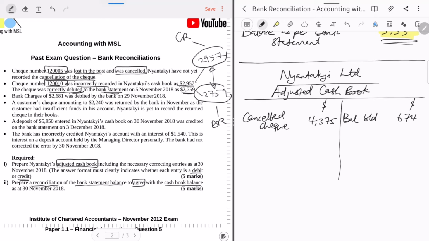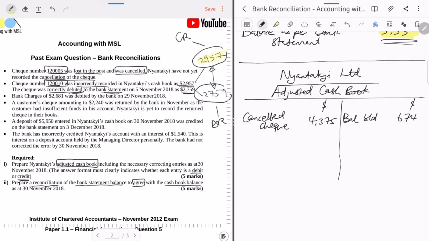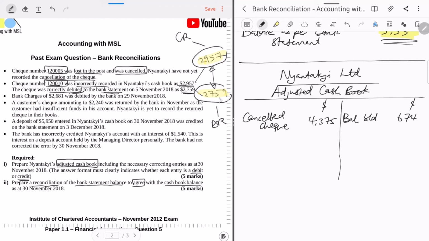So let's find the difference. Calculator. Difference between 2957 minus 2759 gives me 198. So 198 is the difference.